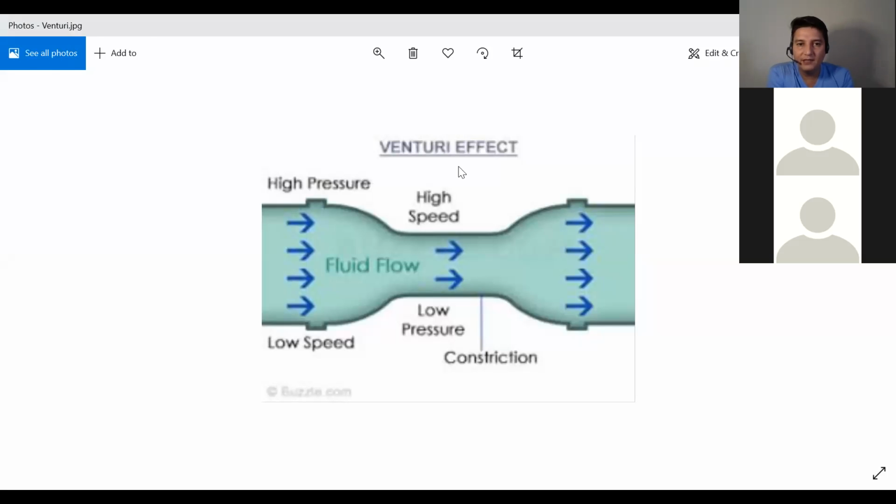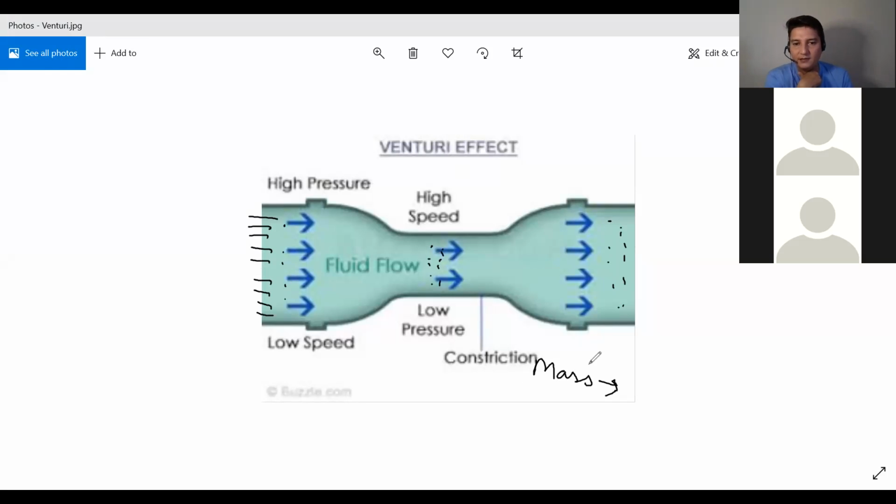So whenever this is happening, the molecules entering will be the same as the molecules in the middle and the molecules exiting. So mass is constant. That's what he actually came up with.